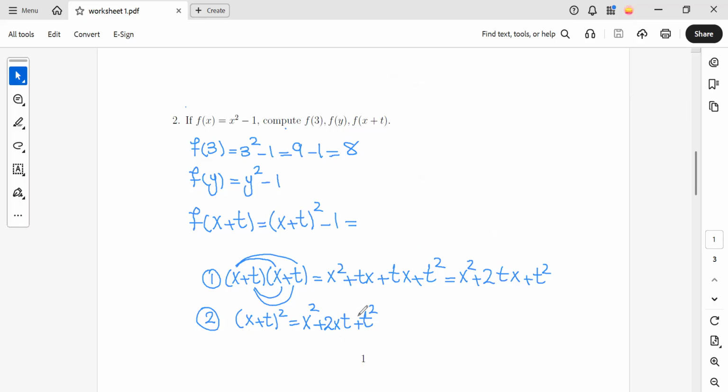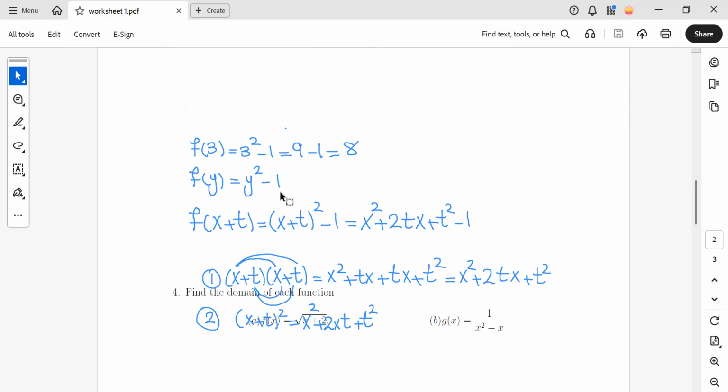Maybe you prefer this one. It all depends on you. Either way, the answer for the square part is this, and minus 1 is the answer because we cannot simplify anymore.